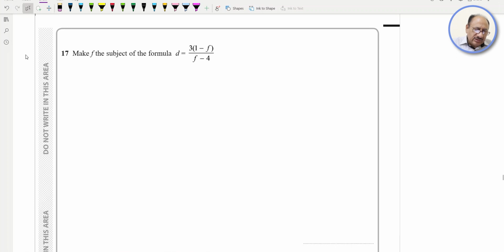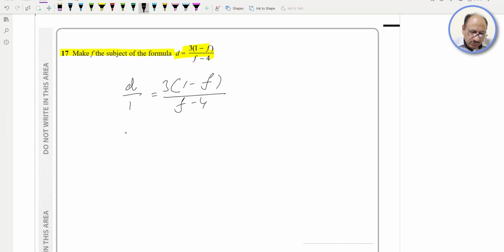Now question number 17. Make f the subject. So we will be cross multiplying. We can write d over 1 is equal to 3 into 1 minus f over f minus 4. Cross multiply. So it will be df minus 4d is equal to 3 minus 3f.